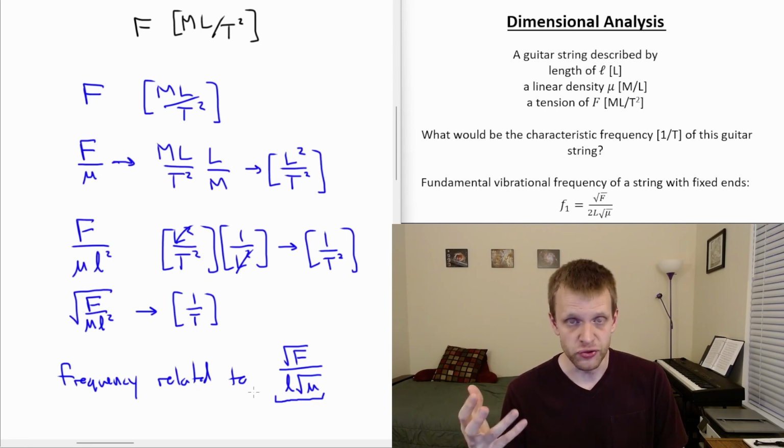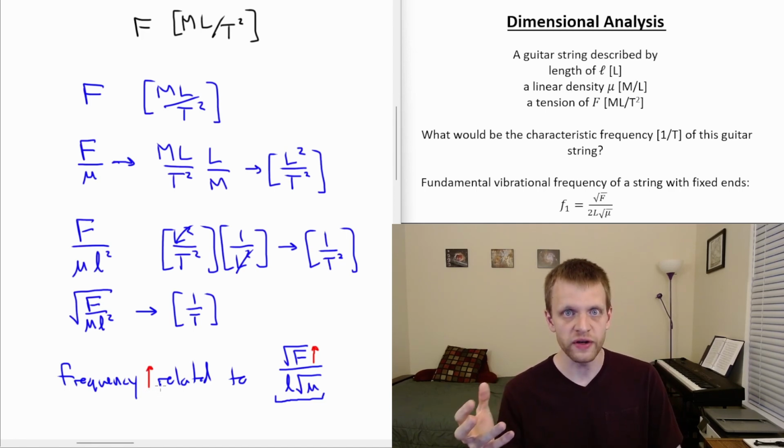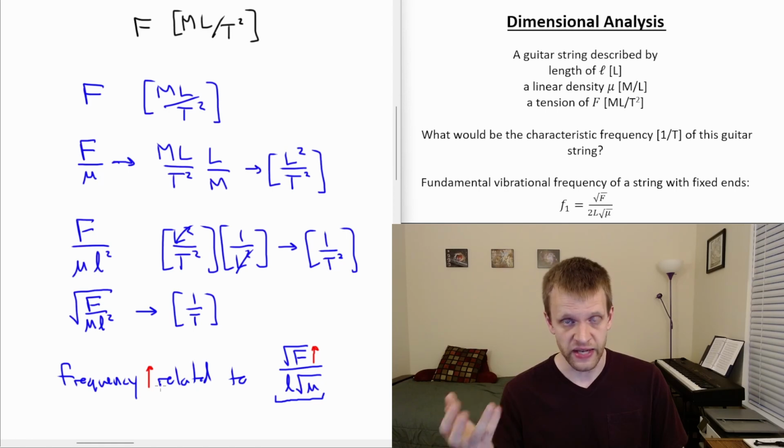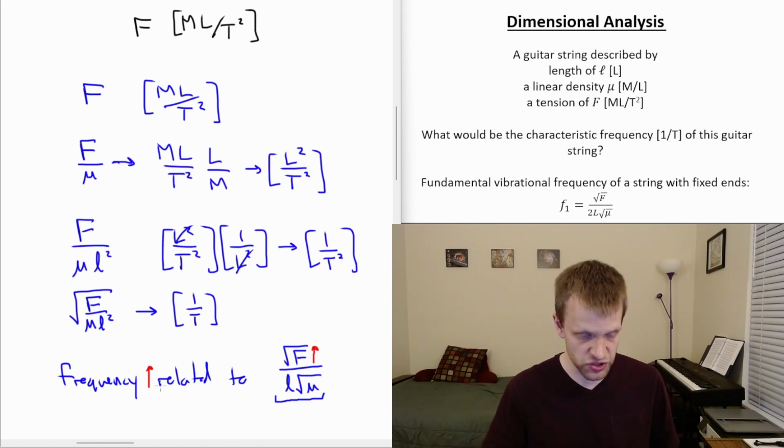And for any musicians out there, especially any guitar players, if I increase the tension in the string, that's going to increase the frequency. So that part of the equation seems to make sense. Again, we'd have to do more work and more tests to verify that it depends on the square root of the tension, but at least we've got that increasing the tension increases the frequency.